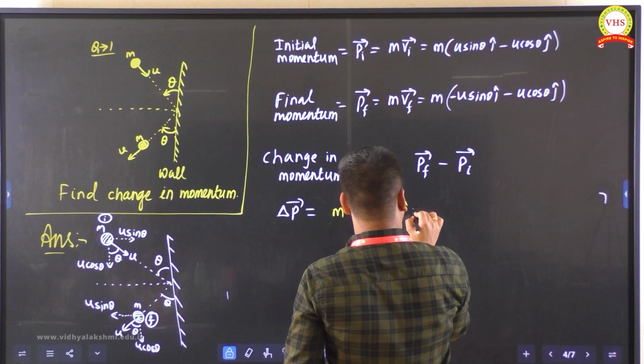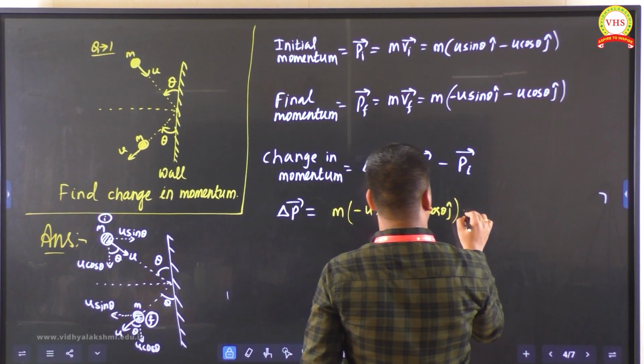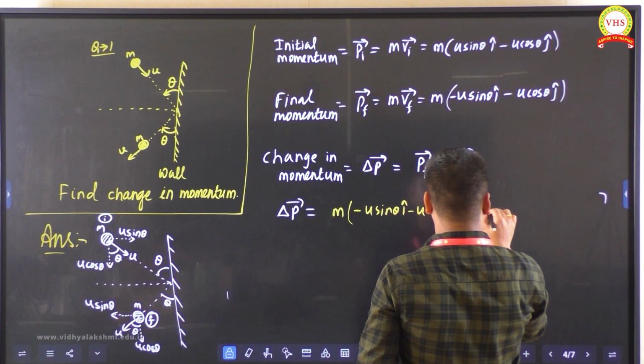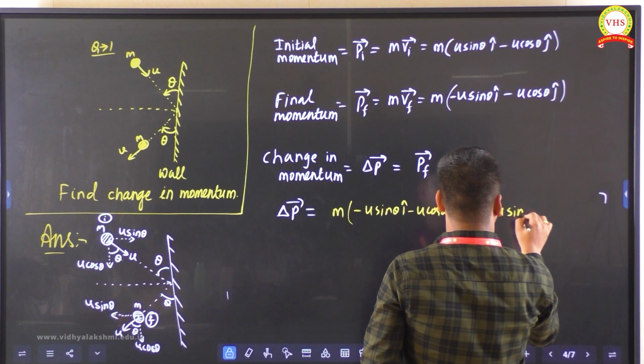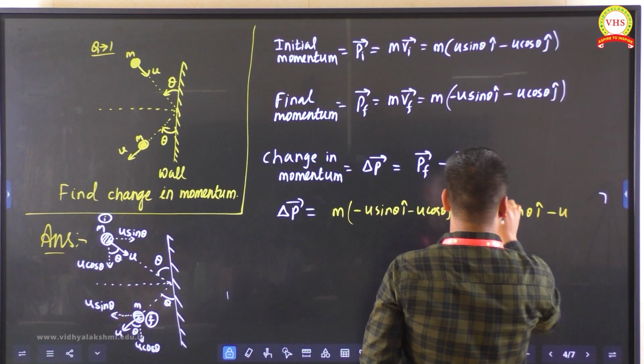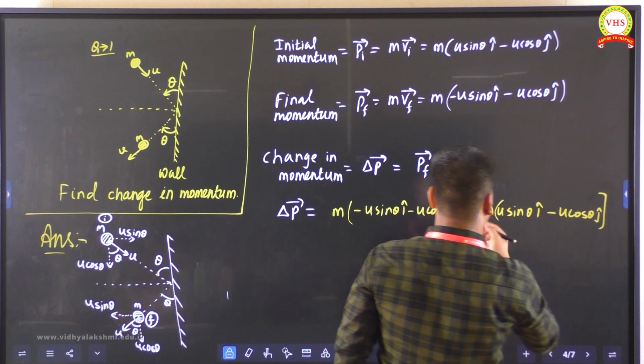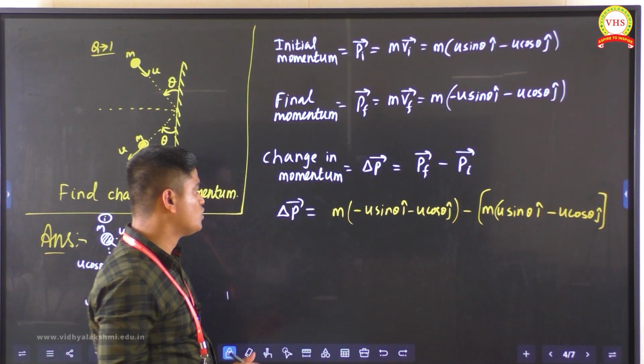Now here, m into minus u sin theta i cap, then minus u cos theta j cap, then minus initial momentum. What is that? m u sin theta i cap minus u cos theta j cap. So this one you need to do. So now listen here.